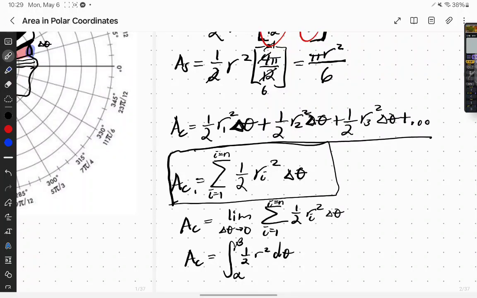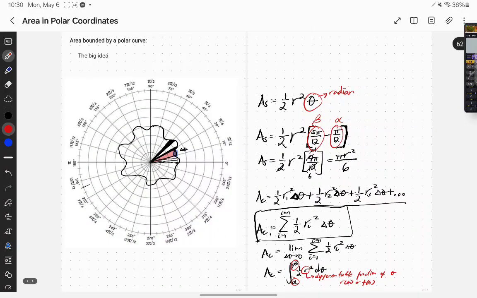wherein our r is a differentiable function of theta, or r of theta, or f of theta. Our alpha and beta are our lower limit and upper limit.